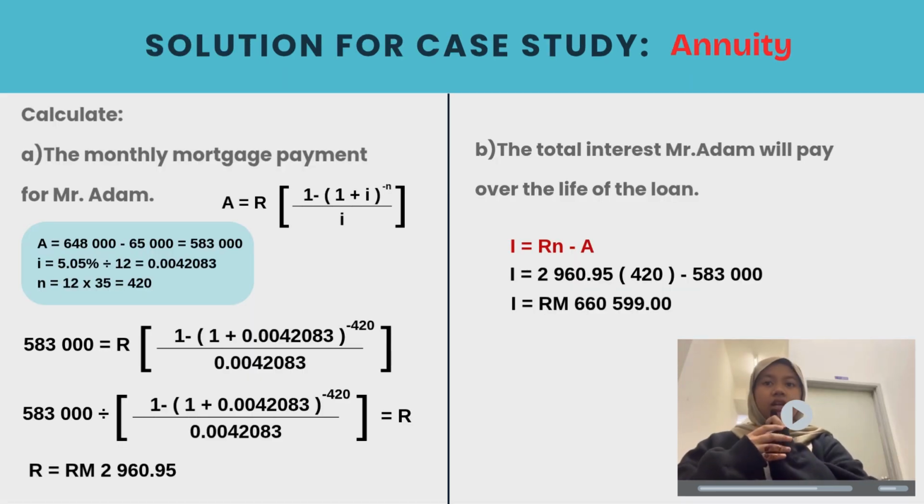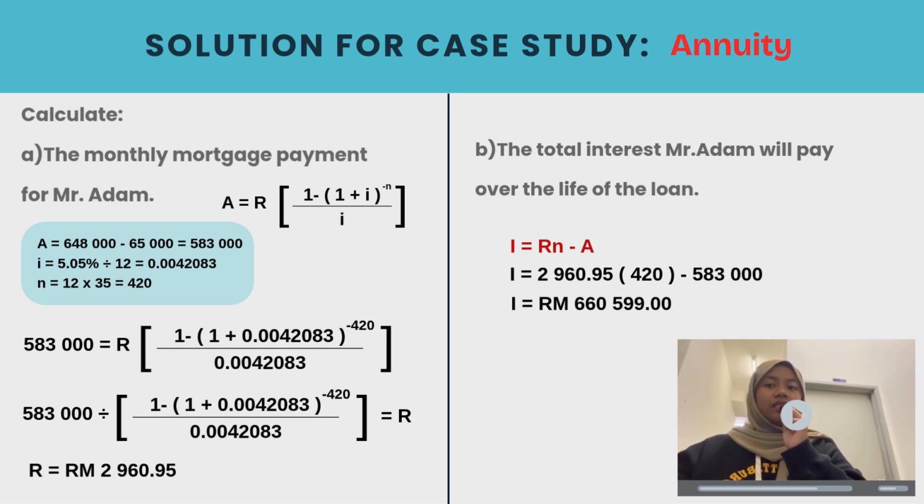For question A, the monthly mortgage payment for Mr. Adam, the formula is A equals R times (1 minus (1 plus i) to the power of negative n) over i. 583,000 equals R times (1 minus (1 plus 0.0042083) to the power of negative 420) over 0.0042083.